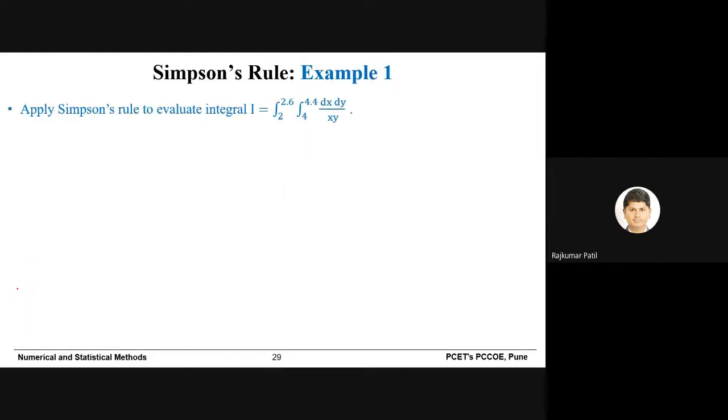Let's take one example. Apply Simpson's rule to evaluate the integral I equal to integration 2 to 2.6, integration 4 to 4.4, dx dy upon x plus y. Here the upper and lower limits for both integrations are different, so we have to take the corresponding values, and similarly the function f of xy.